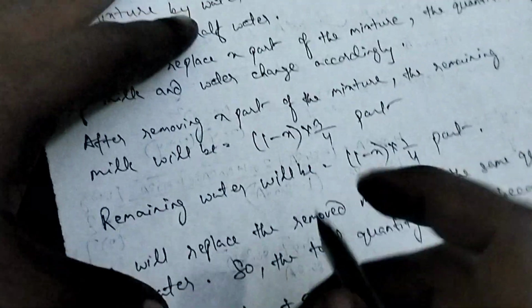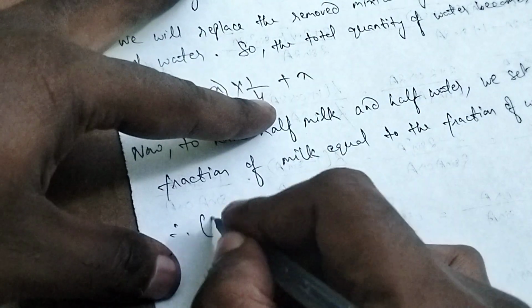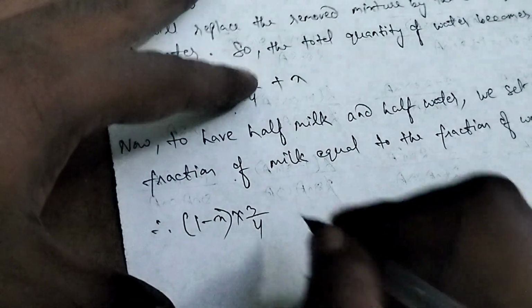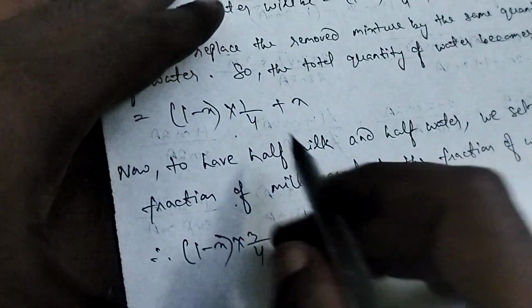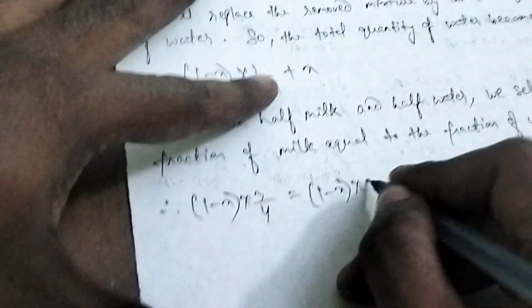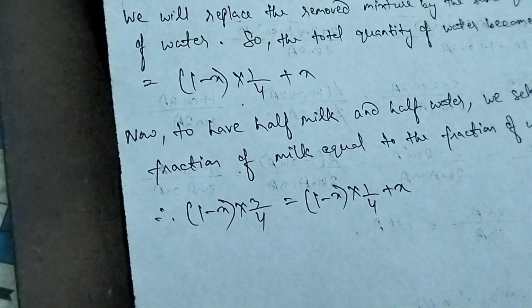Therefore, what was the fraction of milk? 1 minus x into 3 by 4, this is the quantity of milk present. And water is 1 minus x into 1 by 4 plus x.